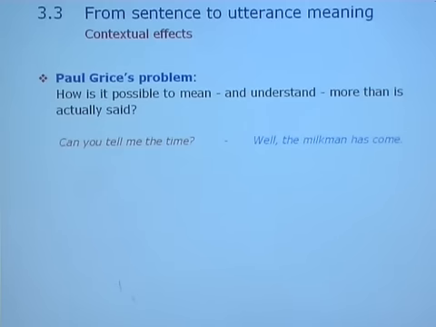And Paul Grice was actually trying to work out how it is possible to mean from the perspective of the speaker and understand from the perspective of the hearer more than is actually said.